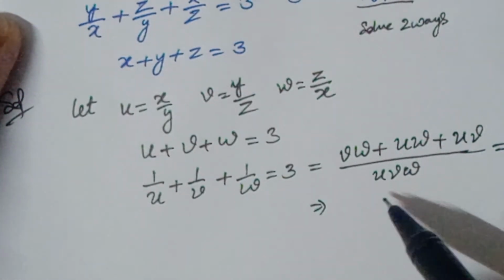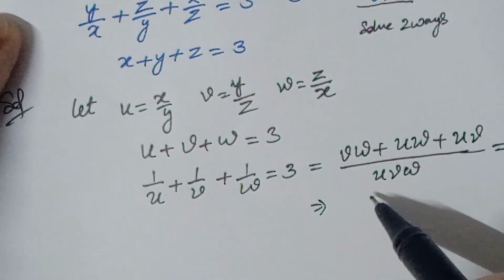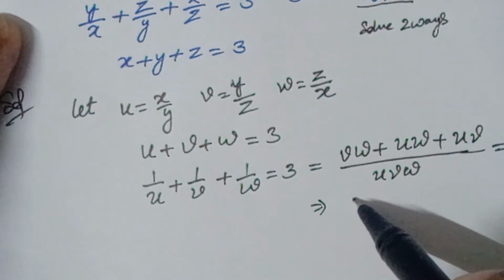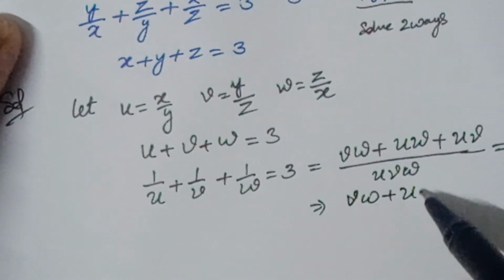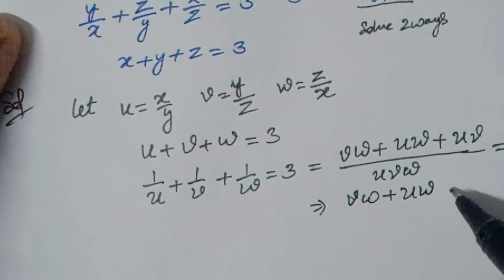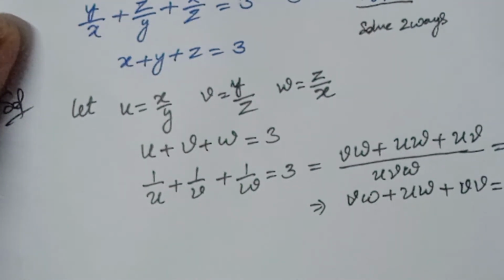That is, VW + UW + UV is equal to 3 into U into V into W.